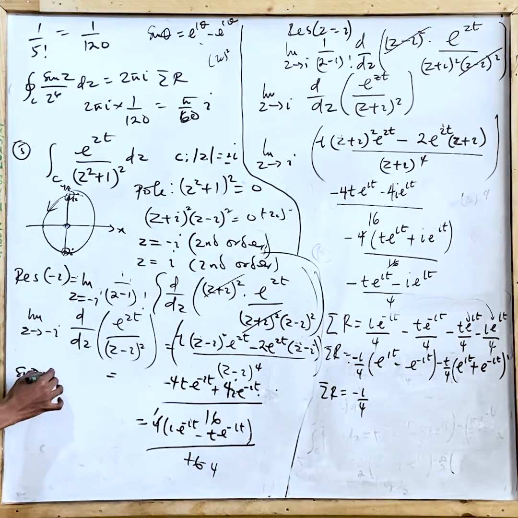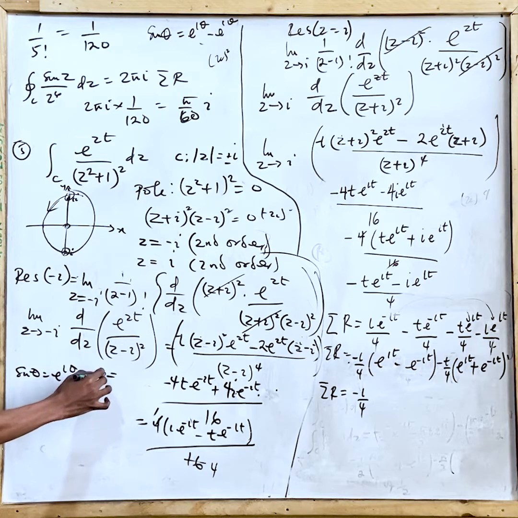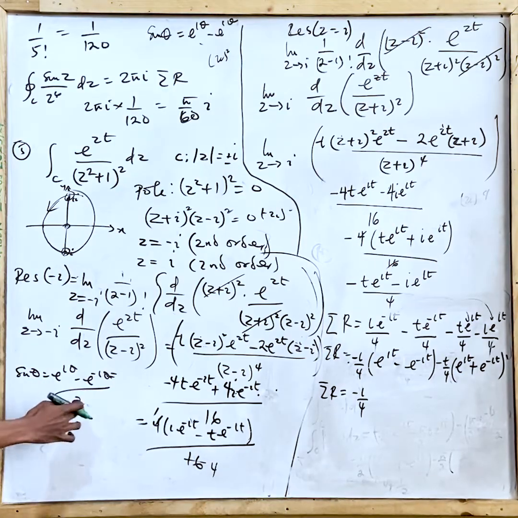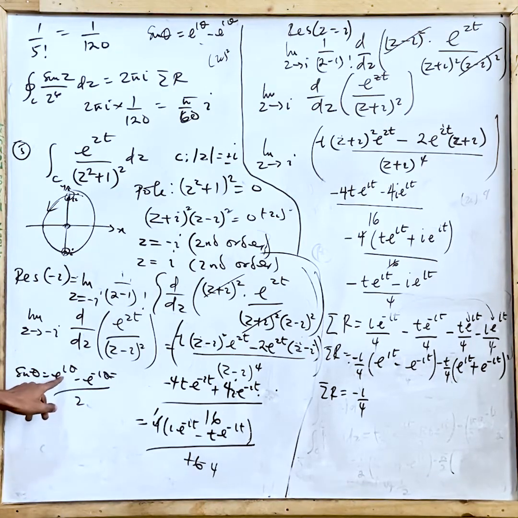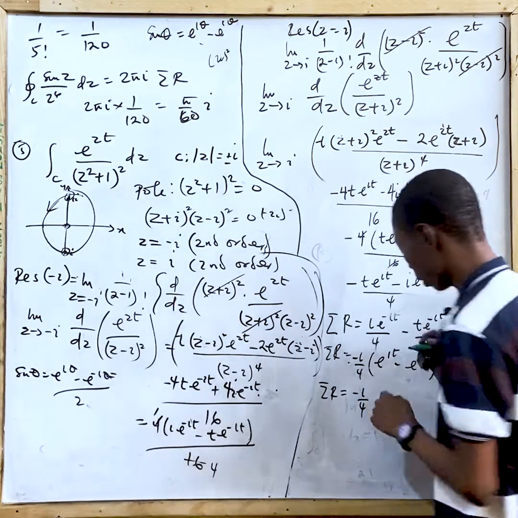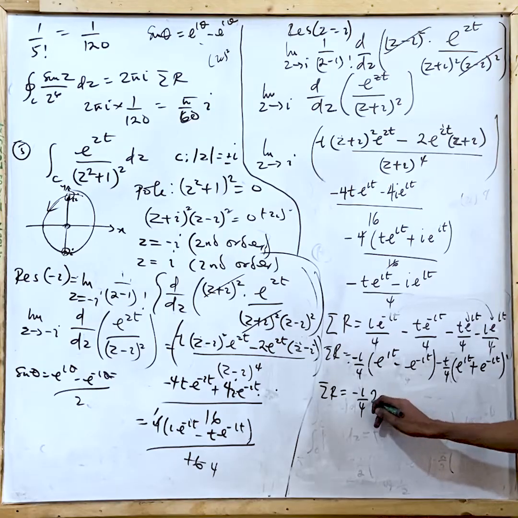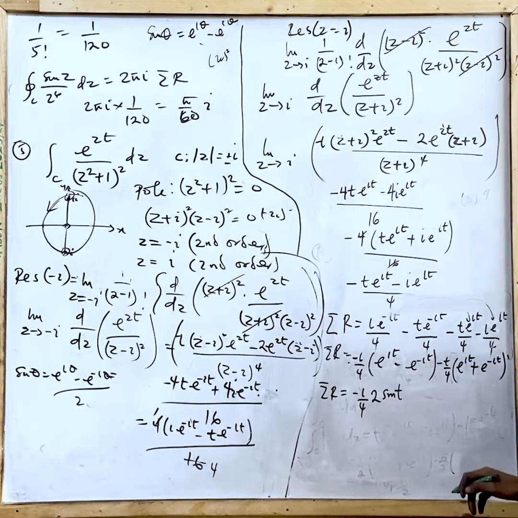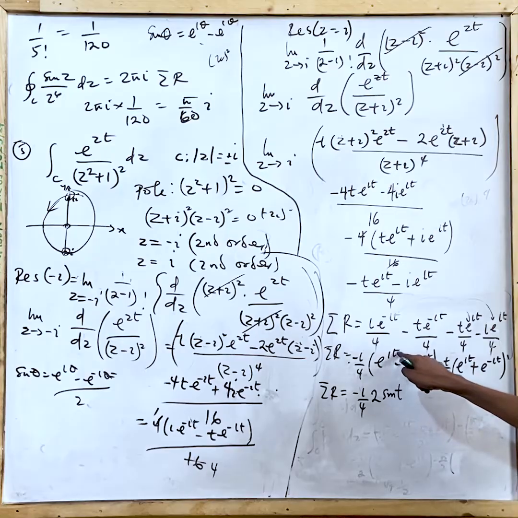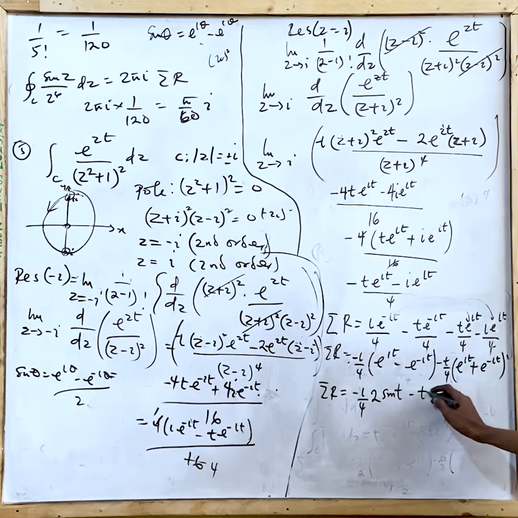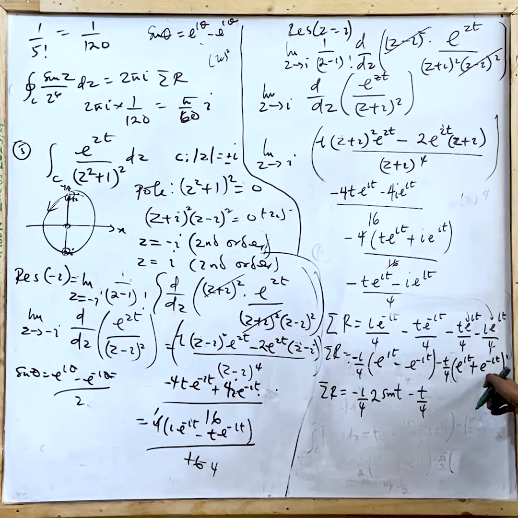Sine theta is e raised power I theta minus e raised power minus I theta over 2i, right? Yes, over 2i. So if I cross multiply, e raised power I theta minus e raised power minus I theta will be 2i sine theta. So from here, we are going to have 2i sine t, because here our theta is t, minus t over 4, e raised power I theta plus e raised power minus I theta. That will be 2 cos t.